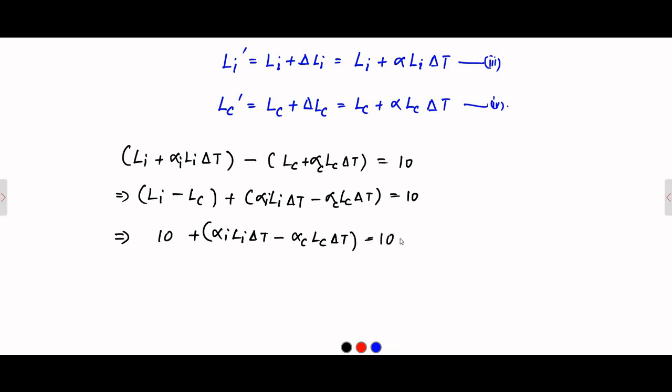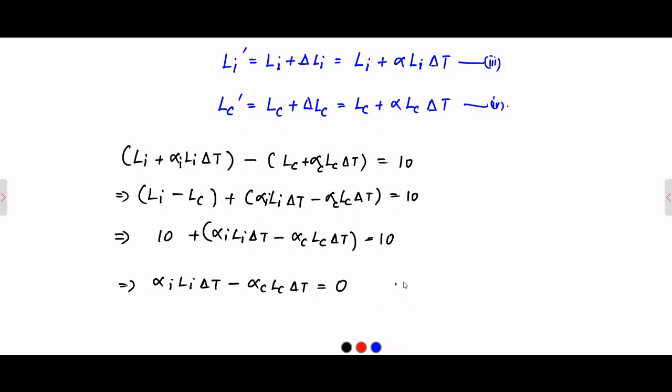So when 10 goes to the RHS, that implies alpha I Li delta T minus alpha C Lc delta T is equal to 10 minus 10, it becomes 0.